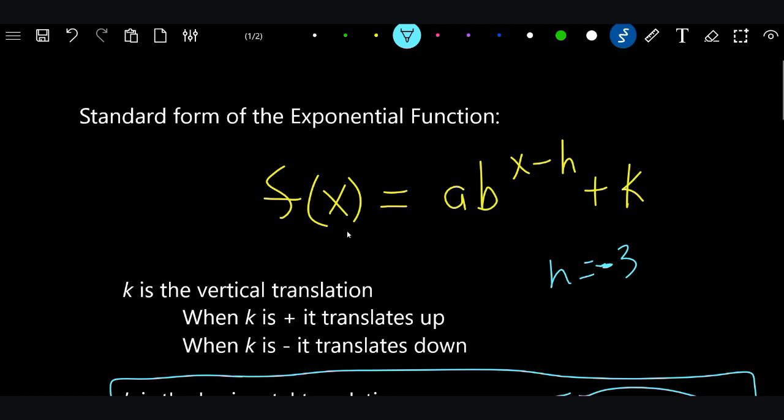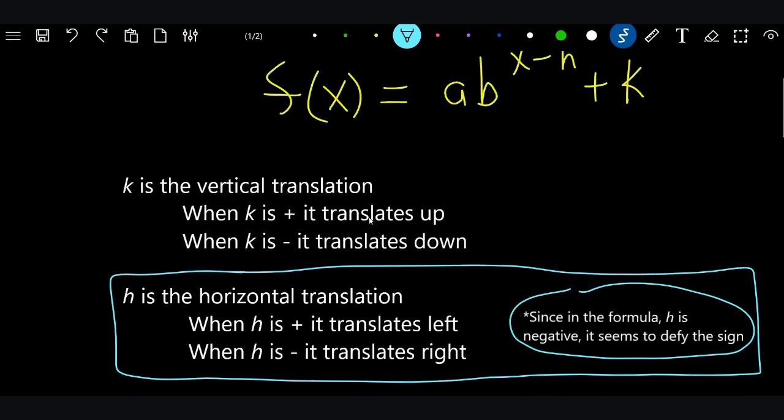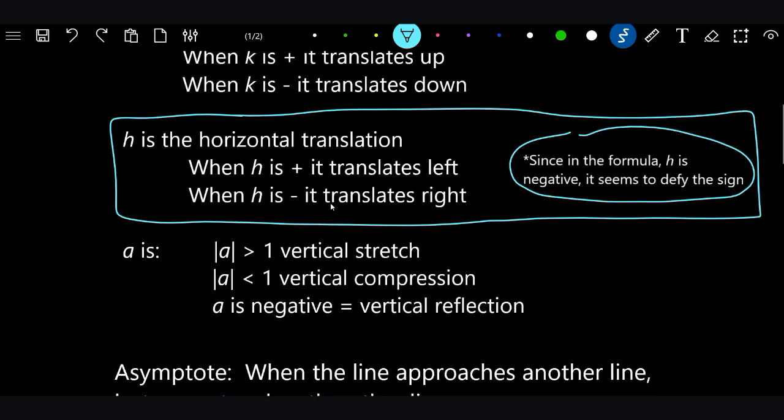Why? Because it's going to be negative, negative, and then the formula is going to make it a positive. So that's a little trick right there. Remember that. That defies logically what you're thinking. You typically think positive goes to the right, negative goes to the left, but this is going to be opposite. When the h is positive, it's going to go to the left. When the h is negative, it's going to translate to the right.